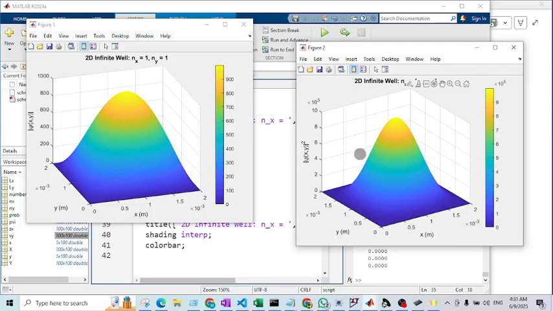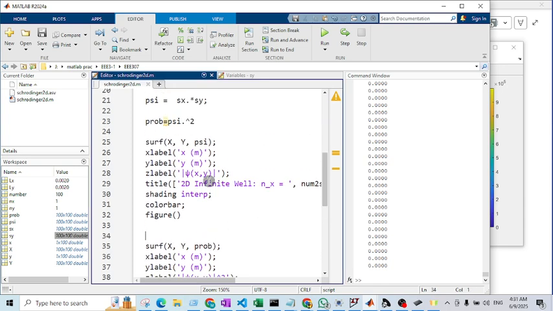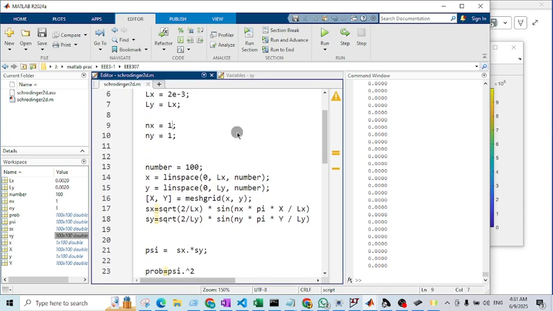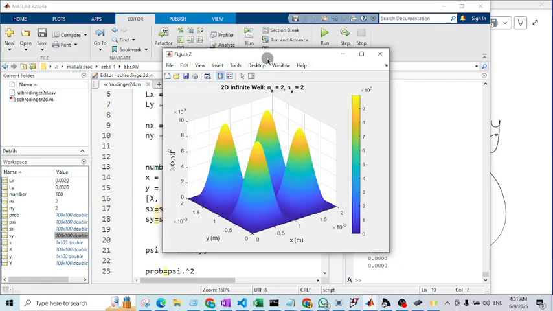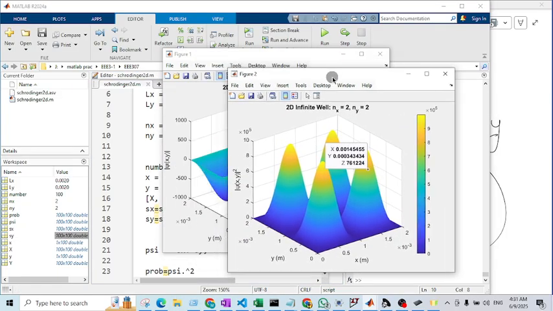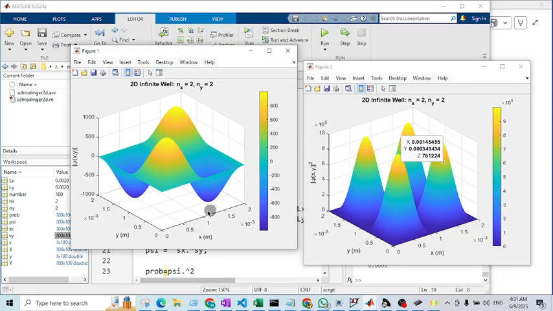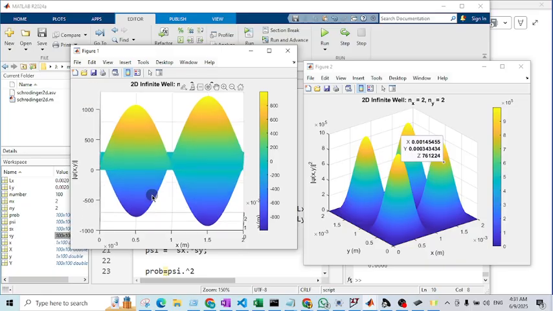Okay, and now if I take 2 here and 2 here, let's see what happens. If I run this code again, then I get like this.